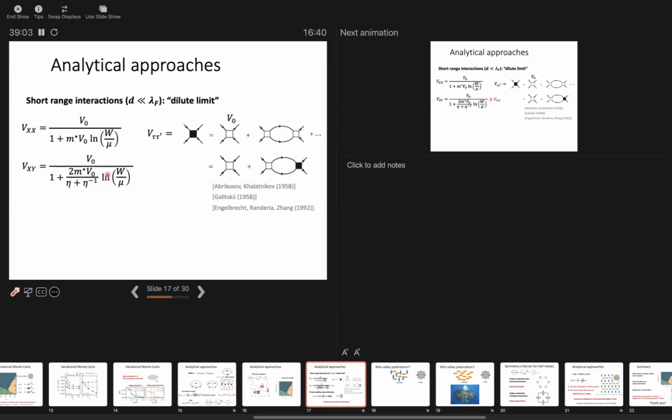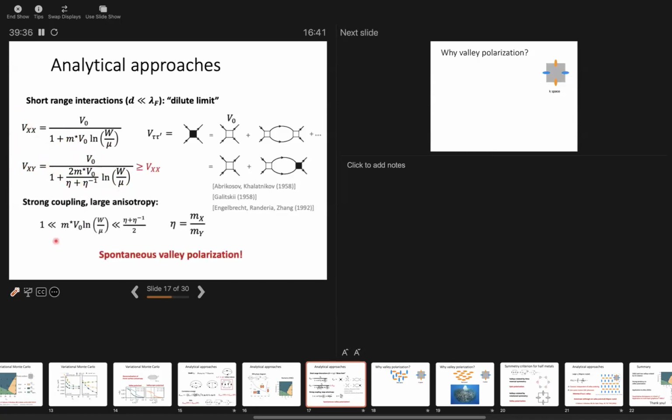But what's interesting is that this logarithmic suppression factor is actually suppressed for VXY compared to VXX. This is coming from the different dispersions of the two valleys. So both interactions are screened downwards by this two-particle scattering, but VXY is screened downwards much less, which means VXY is much bigger than VXX in the limit where eta is large.